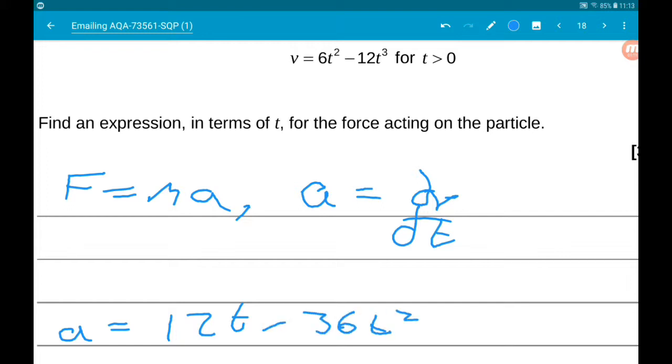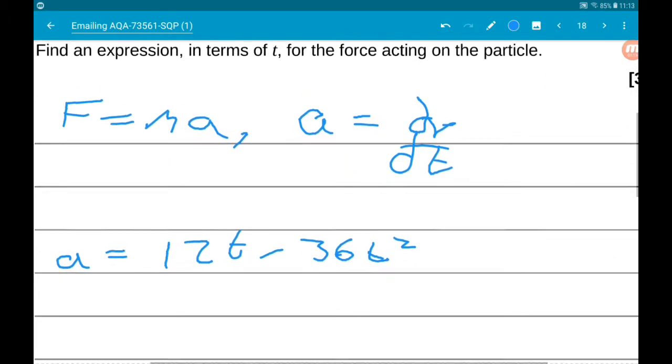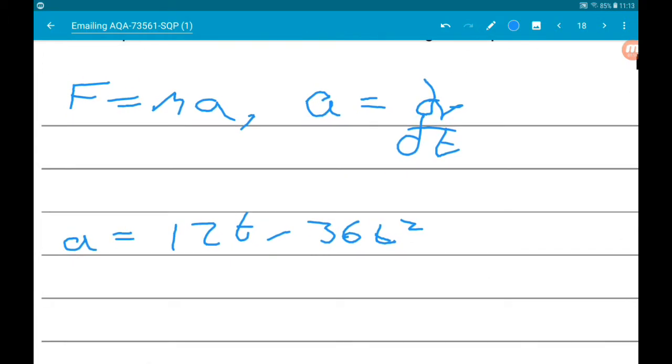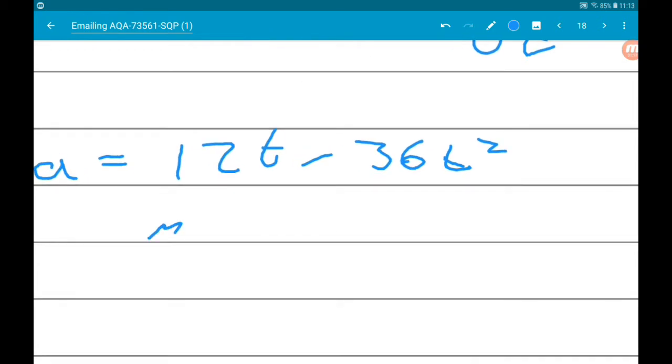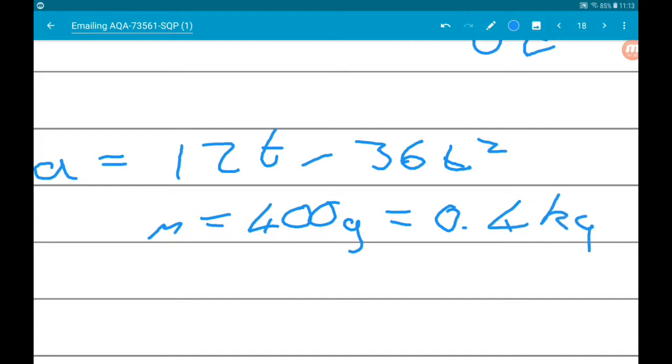36t squared. Now we know the mass is 400 grams, which is 0.4 kilograms.